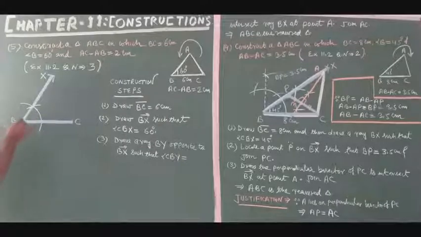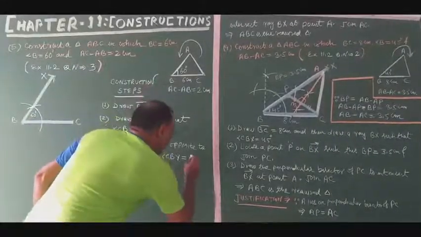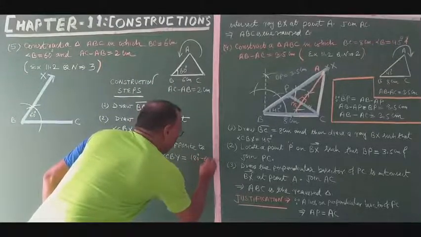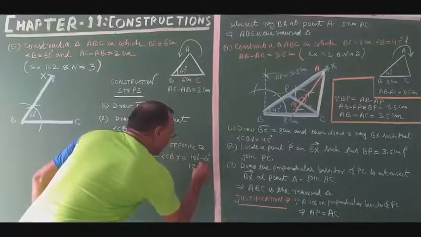What was this angle? 60 degree. So what will be the supplementary of this? CBY is 180 minus 60. That is 120 degree.